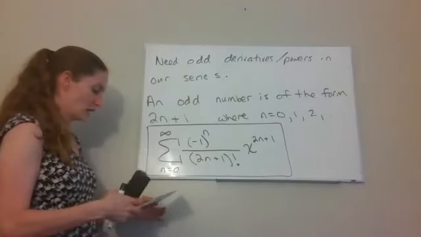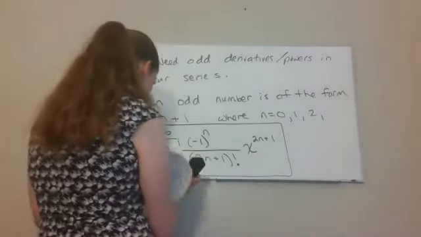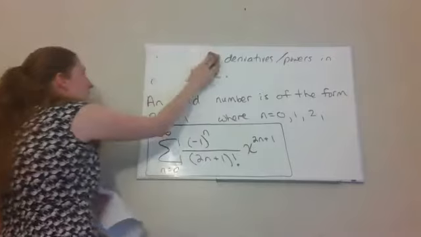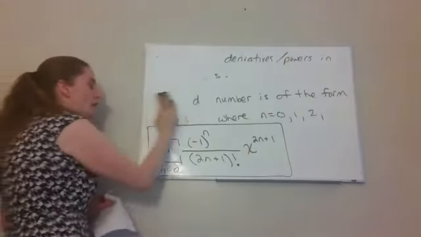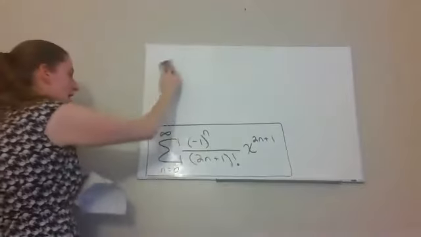Now, we are out of time for today, but I'm going to quickly write down for you what the MacLaurin series for cosine looks like, so you can try it on your own and see if you get the right answer.